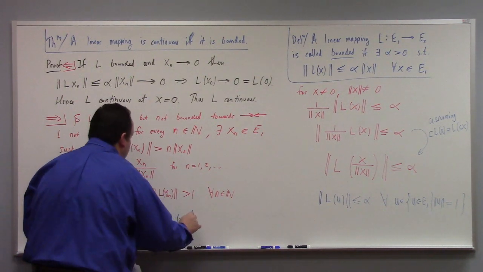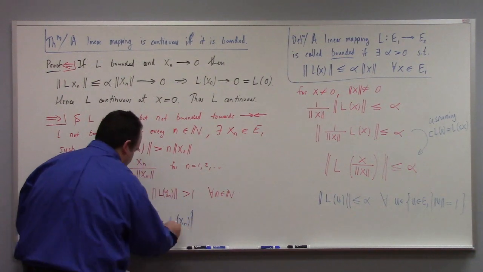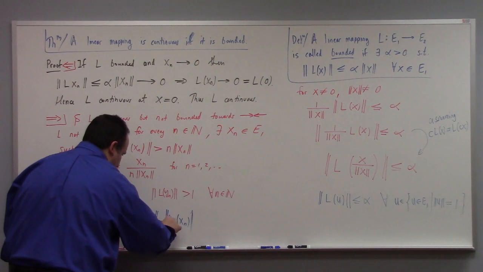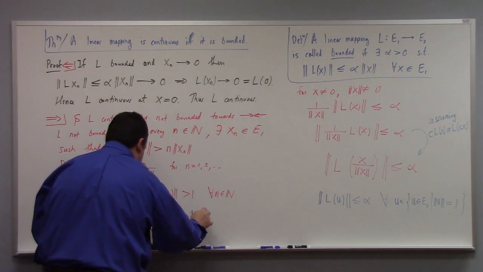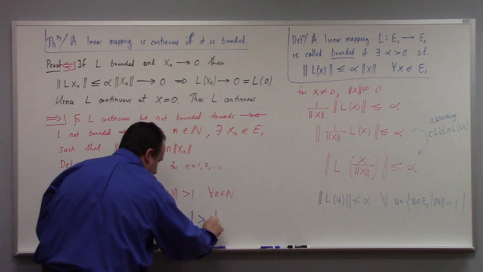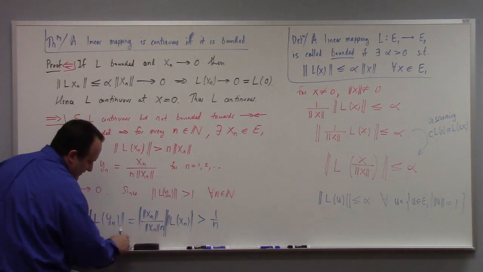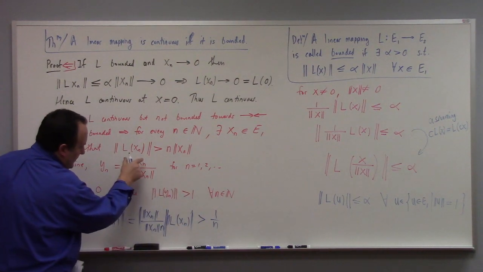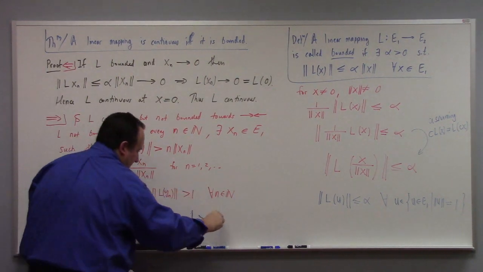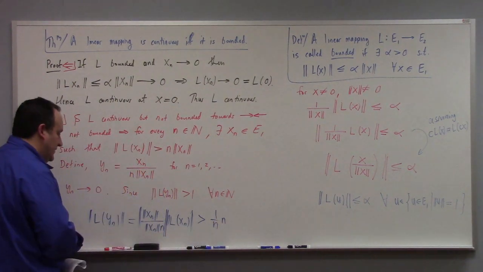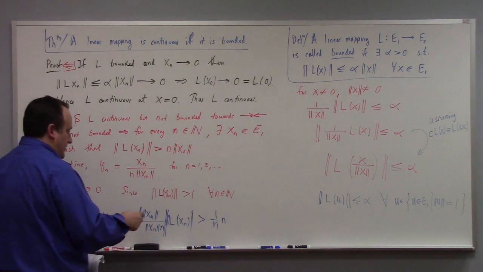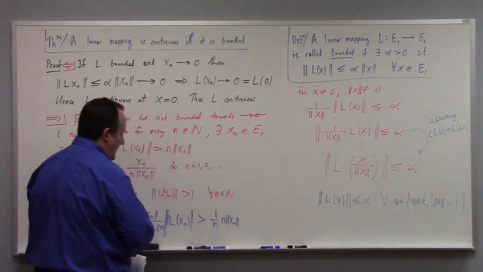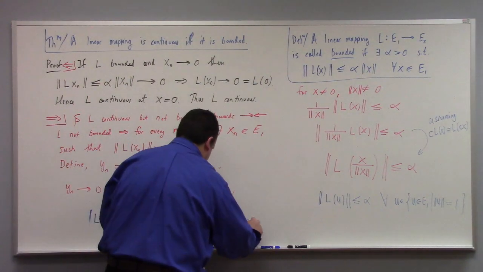And so then that is greater than, I can pull this out here, yeah? Sorry, too many bars. But that is greater than, so this is just 1 over n, right? Because these guys cancel. You're left with that n, and then this, by construction, is greater than n times the norm of xn. Which then just gives you xn.